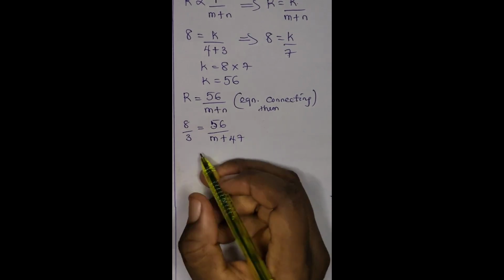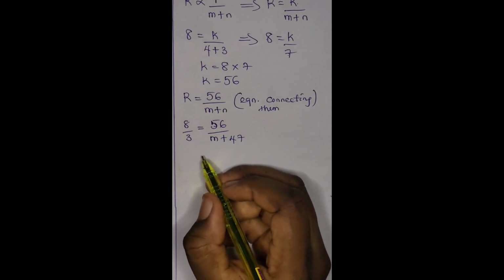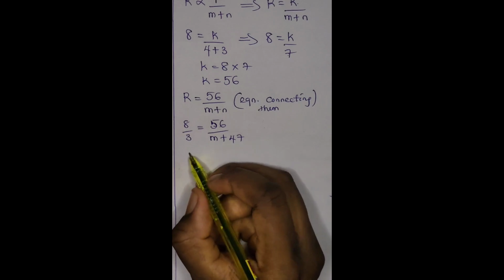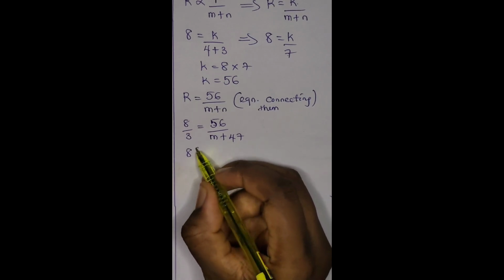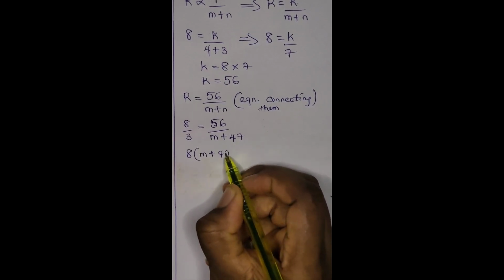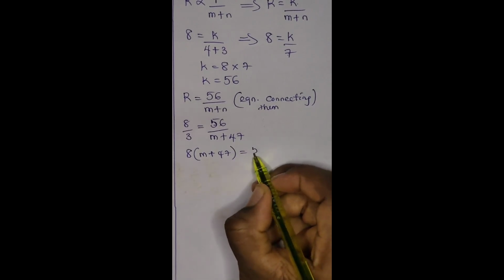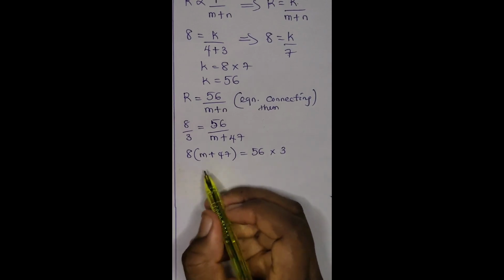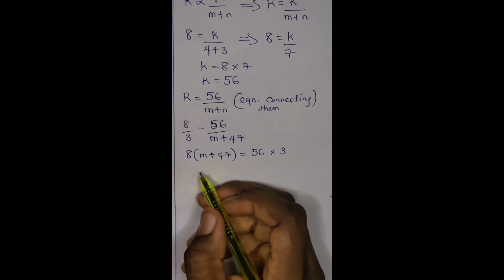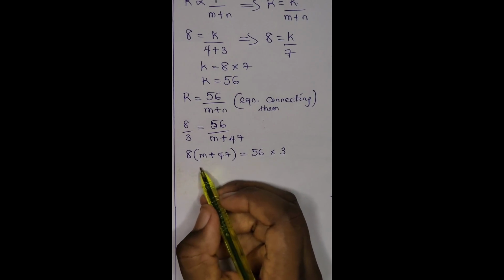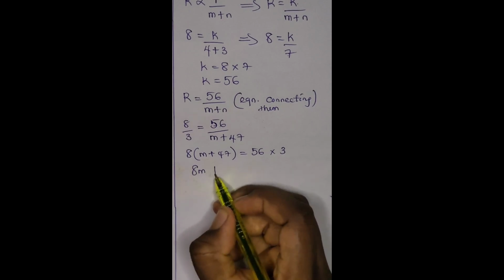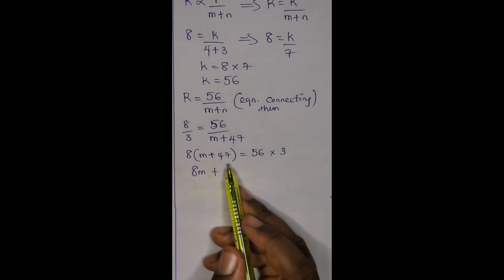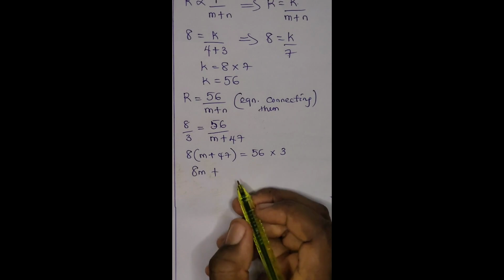So cross multiplying, we have 8 bracket m plus 47 equal to 56 times 3. So 8 times m is 8m plus 8 times 47 is 141.